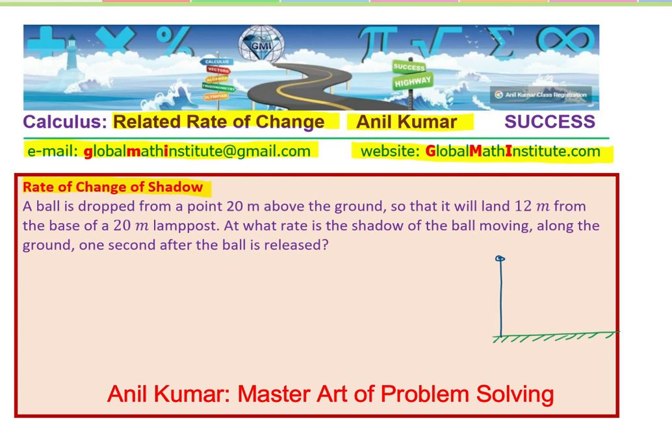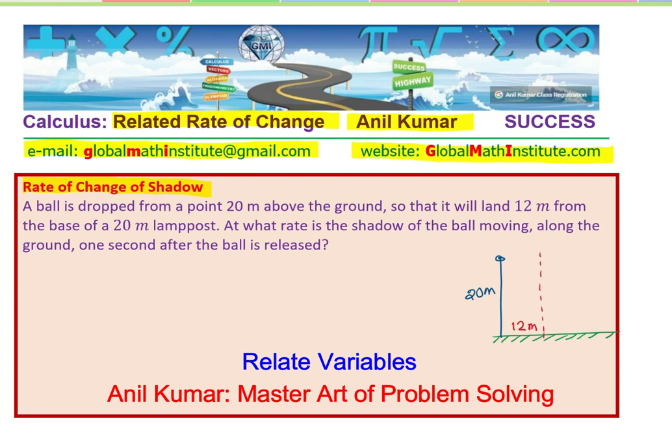So the lamppost is 20 meters, and there's a ball which is dropped 12 meters away from it. So let's say that the ball is dropped somewhere here, and this distance is 12 meters. So it lands 12 meters from the base of the lamppost.